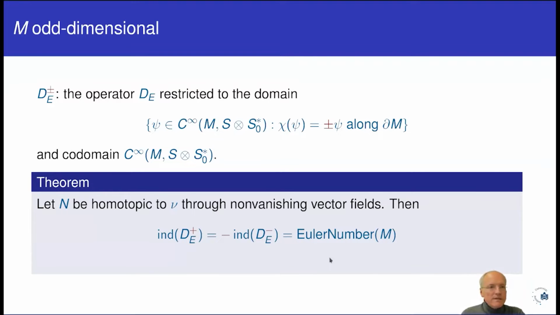So that is the statement in odd dimensions. Also note, M is a compact manifold with boundary, so in general the Euler number of the manifold will be non-trivial, even though it's odd dimensional.